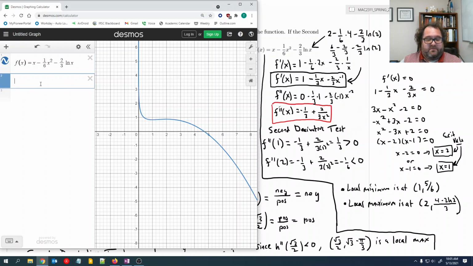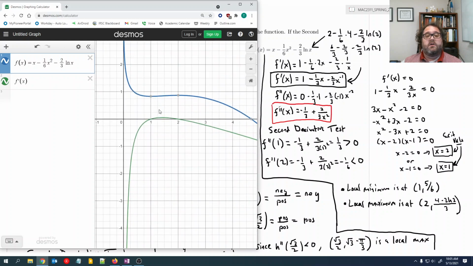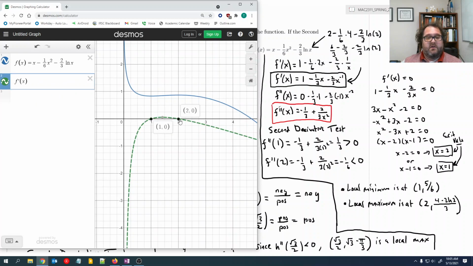Here, let's just glance real fast, because I like to look at the graphs of derivatives. Look at the graph of the derivative. Notice that where we have a local extrema, which is at 1 and 2, notice what we have on the derivative. The derivative is green here. I'll make it dashed. The green derivative has x-intercepts, which means the derivative is 0, the slope is 0, where we have our local extrema.